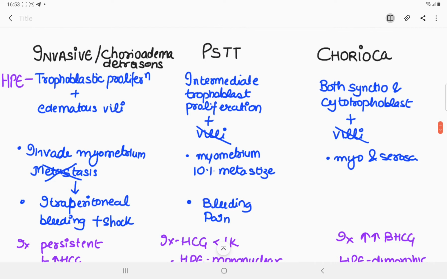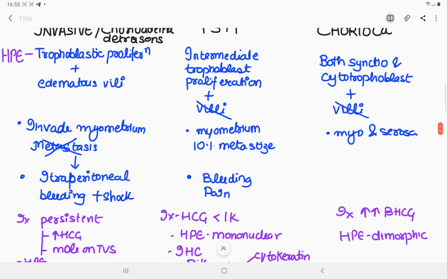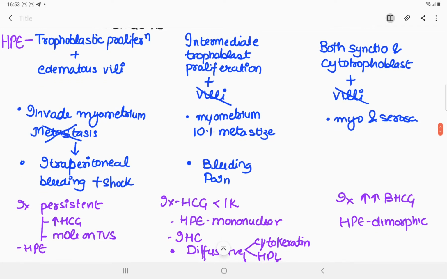Let's discuss the placental site trophoblastic tumor. On HPE, it shows intermediate trophoblastic proliferation and there are no villi. It also invades the myometrium and only 10% of them metastasize. Clinical features are the same, bleeding and pain.